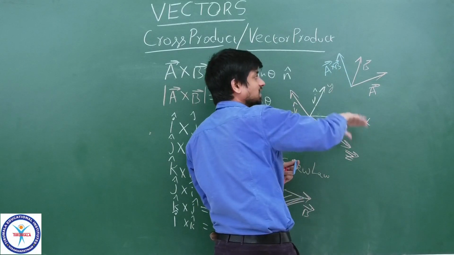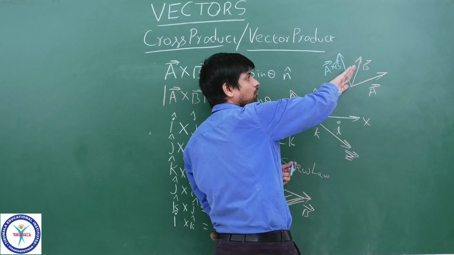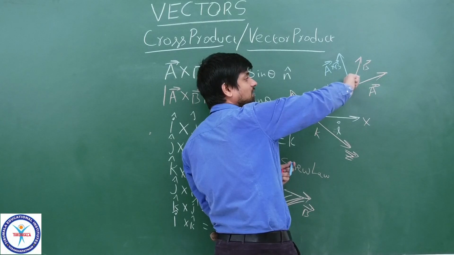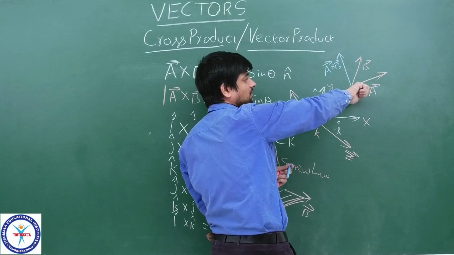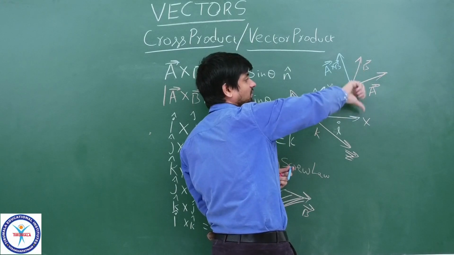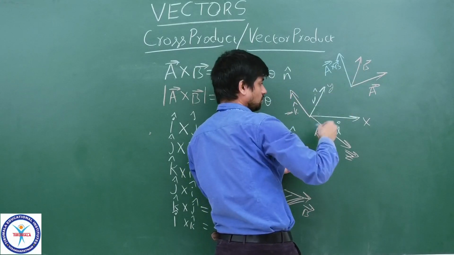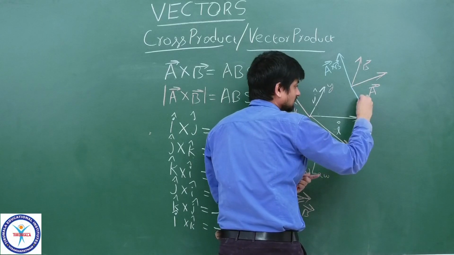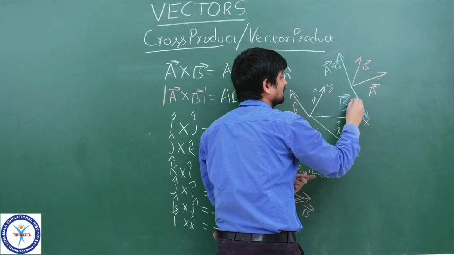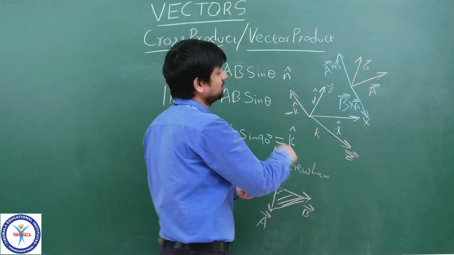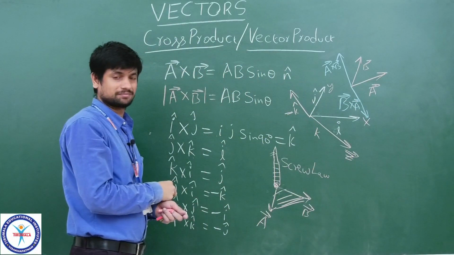Now B cross A means B, open your fingers, curl towards A in this way. So what happens? Downwards. So this is A cross B, and this is B cross A, downwards.